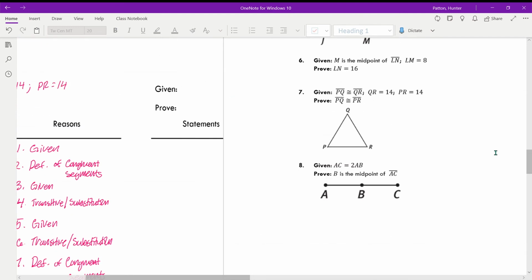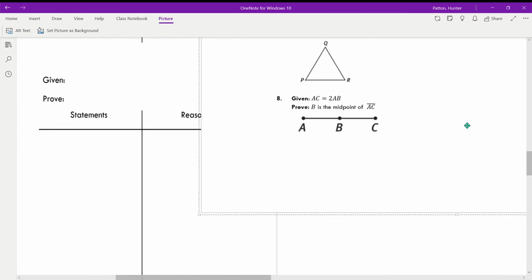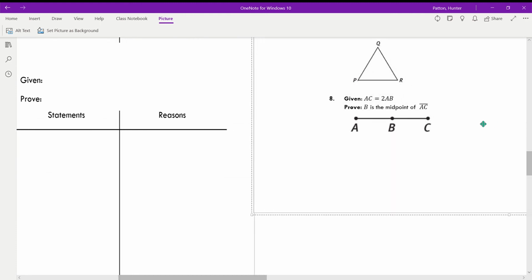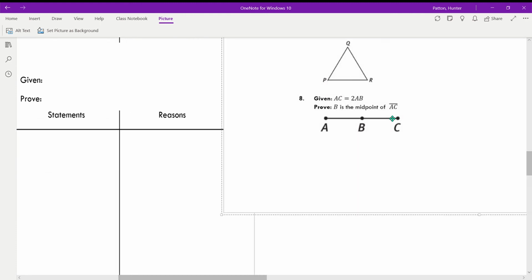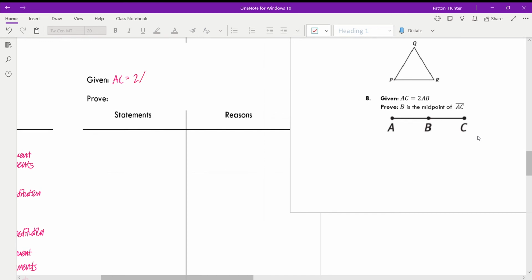Okay, number 8. Almost done. Number 8 says that given that AC is equal to 2 times AB, we want to show that B is the midpoint of segment AC.